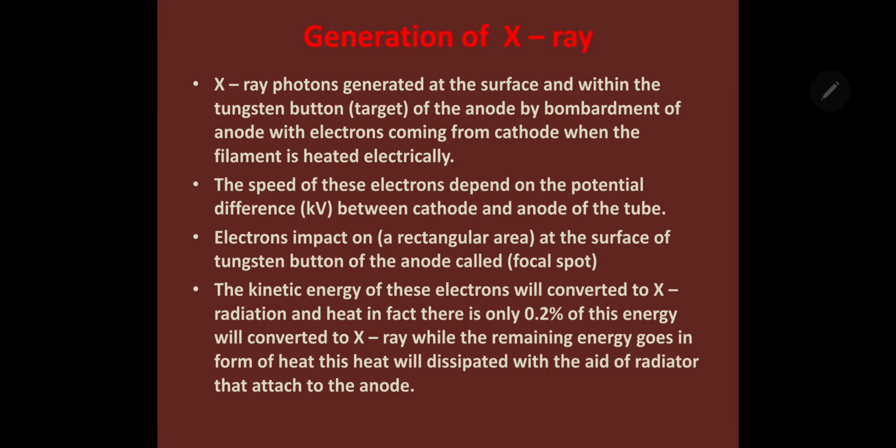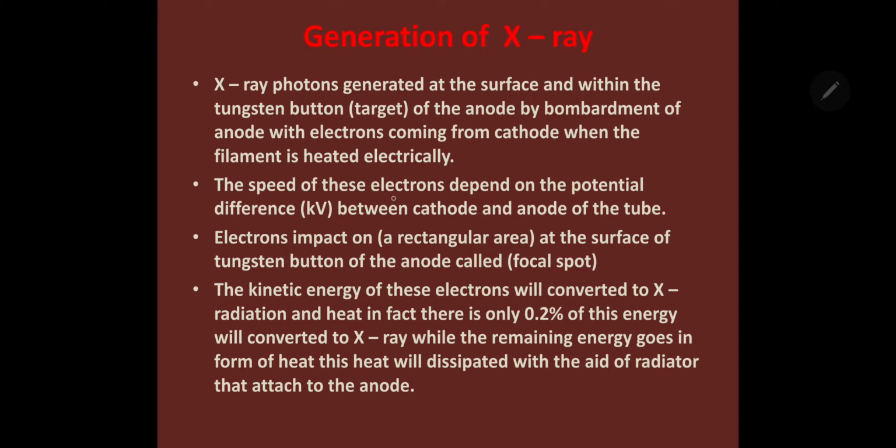Generation of X-ray. X-ray photons are generated at the surface and within the tungsten button target of the anode by bombardment of the anode with electrons coming from the cathode when the filament is heated electrically.